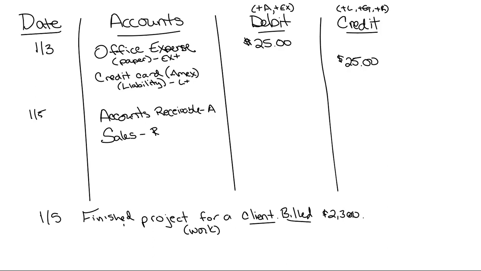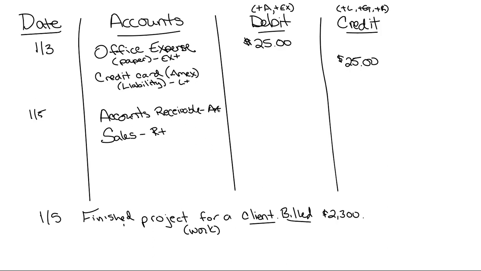If I bill a client $2,300, I have the right to receive that $2,300, right? So if the client owed me nothing and then I billed the client $2,300, the client now has a balance of $2,300. The balance is increasing. If I had no sales and then I billed this client, I now have sales. So my balance on the revenue is also going up.